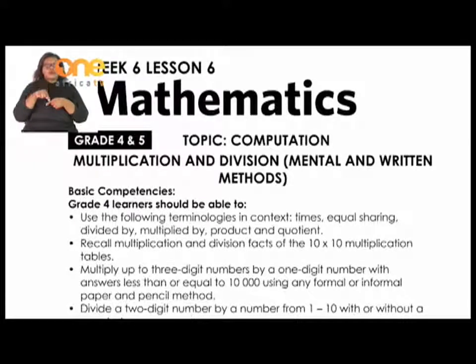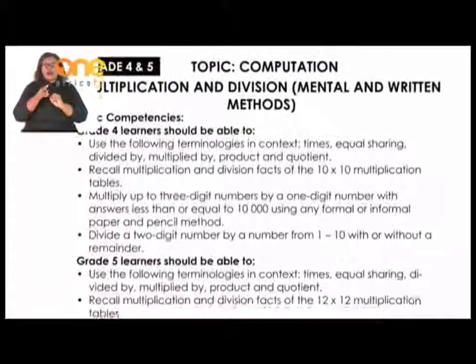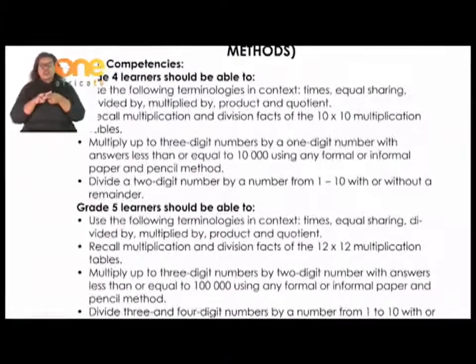Second competency is the learner should recall multiplication and division facts of the 10 times 10 multiplication tables. Number 3, learner should multiply up to 3-digit numbers by a 1-digit number with answer less than or equal to 10,000 using any formal or informal paper and pencil method.